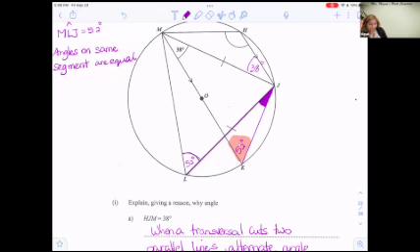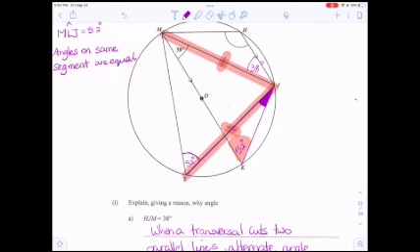What other information do we know? Well, we know this is an isosceles triangle. What do you know about an isosceles triangle? The base angles are equal. So this big angle here is supposed to be 52.